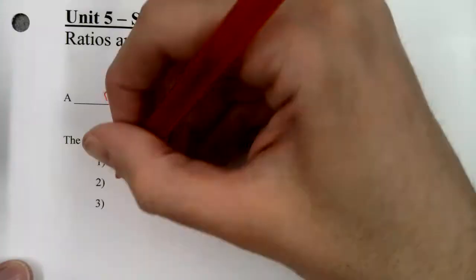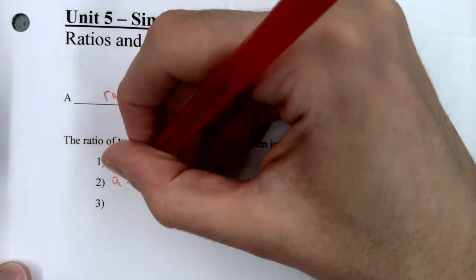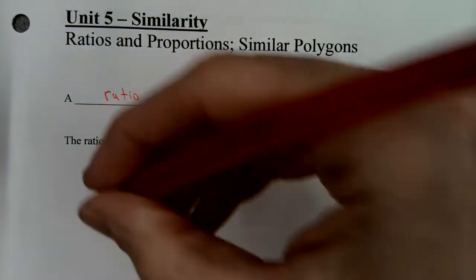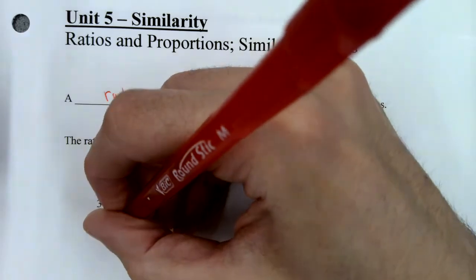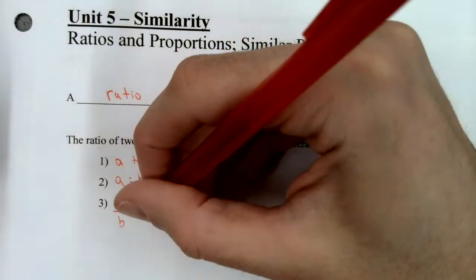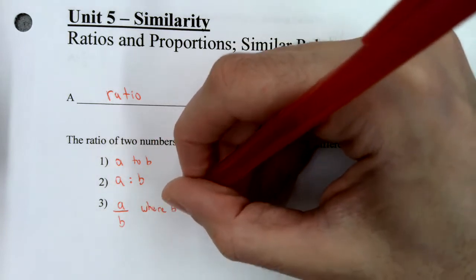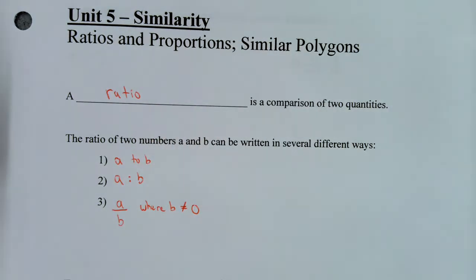You could write an A and then a colon B. Or you can write it as a fraction, like A over B, as long as B is not 0. Okay, so those are your three ways you can write your ratios.